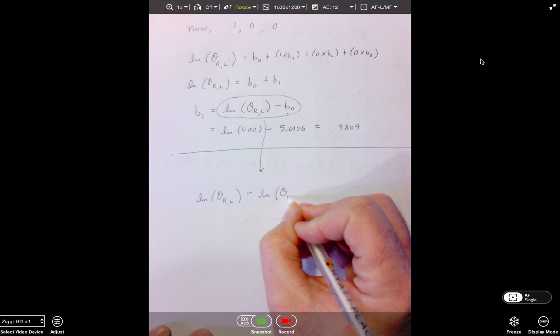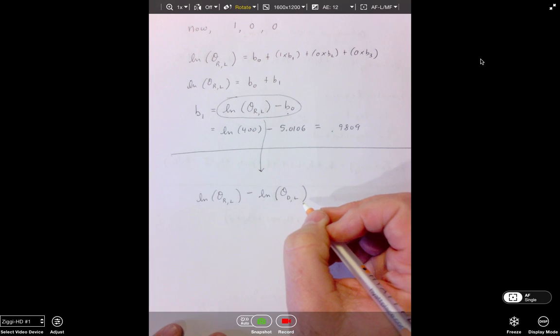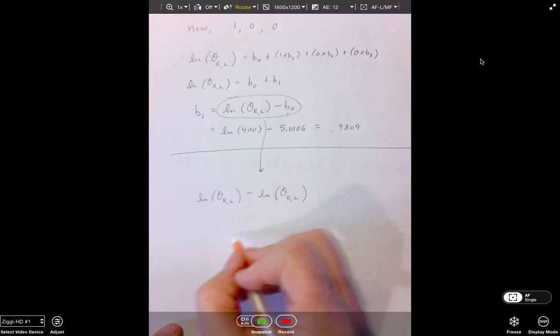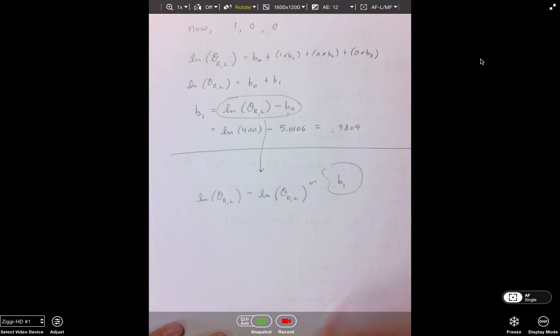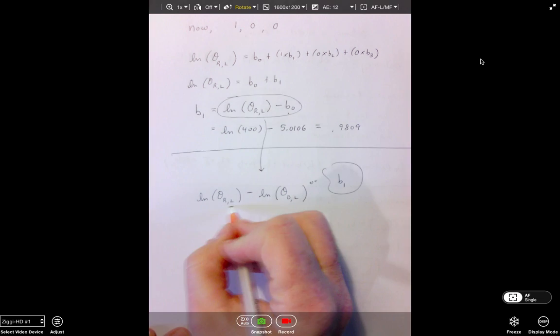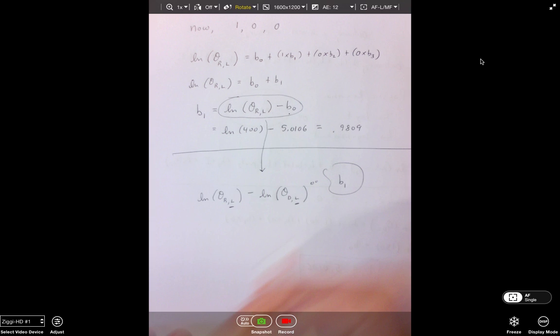So B1 is just, within those who were pro-life, the difference between the Republicans and Democrats. So we can think of that as the effect for the difference in the party.